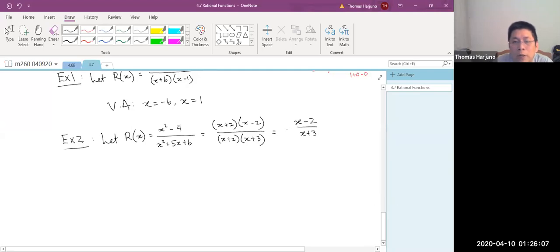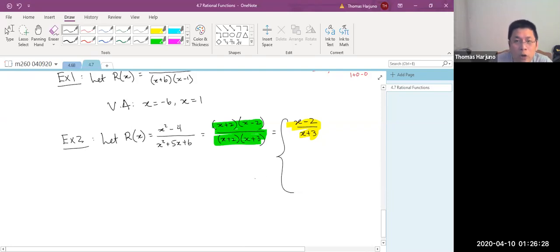There's a slight difference between the function on the right-hand side and the function on the left-hand side. The difference is in the domain.